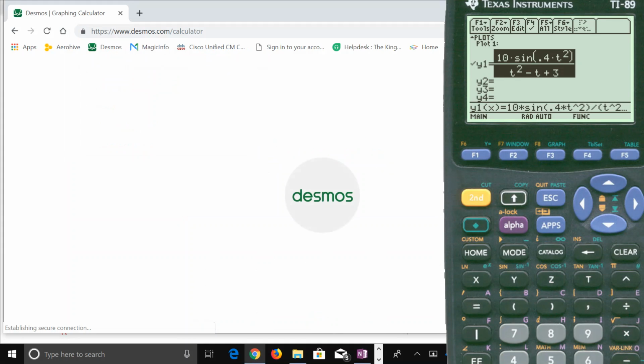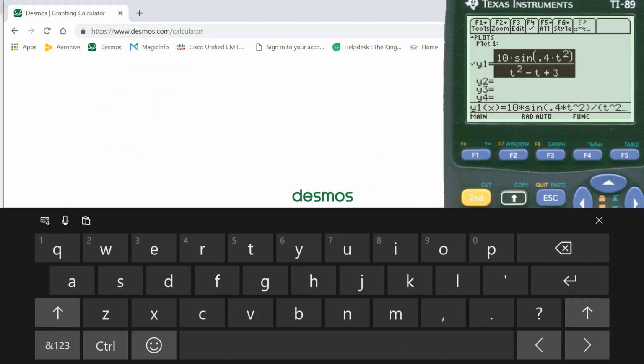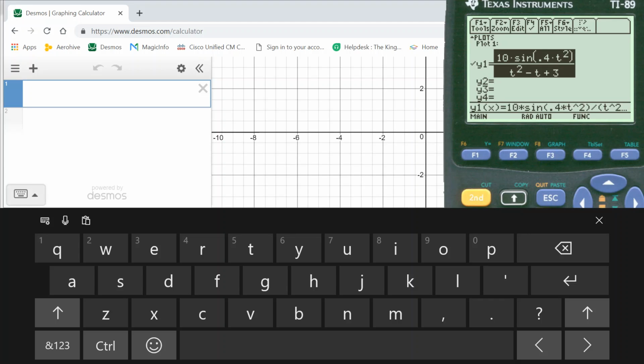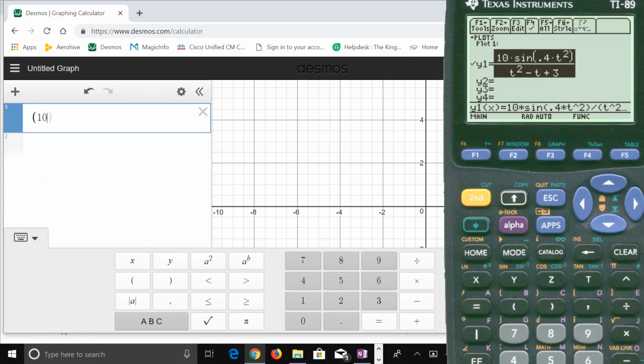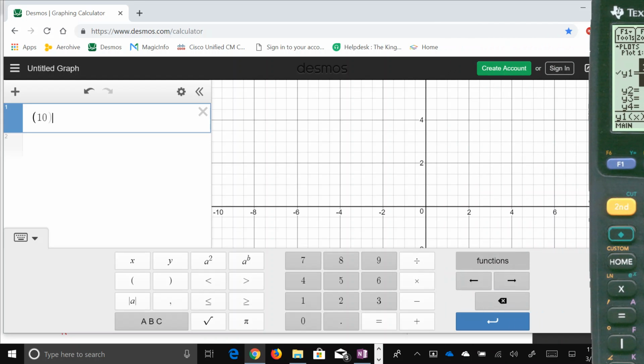There we go. All right, what I'm going to do is put in the velocity equation. I need you to see something visually here. So this is what? Parentheses, 10. You know what? Let me use this calculator. 10, function, sine of 0.4.